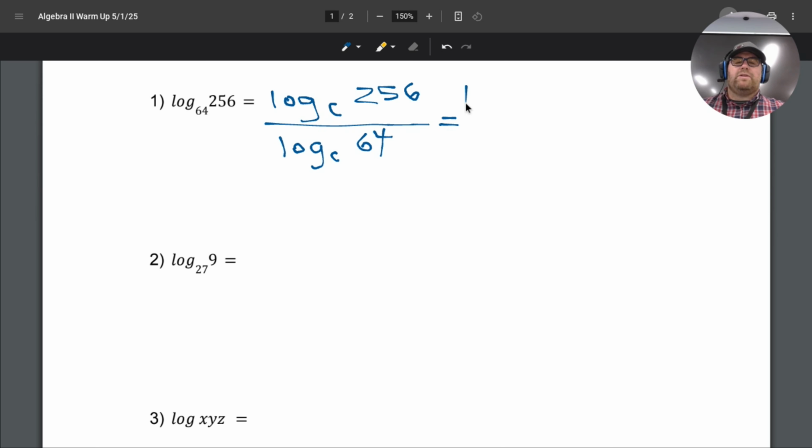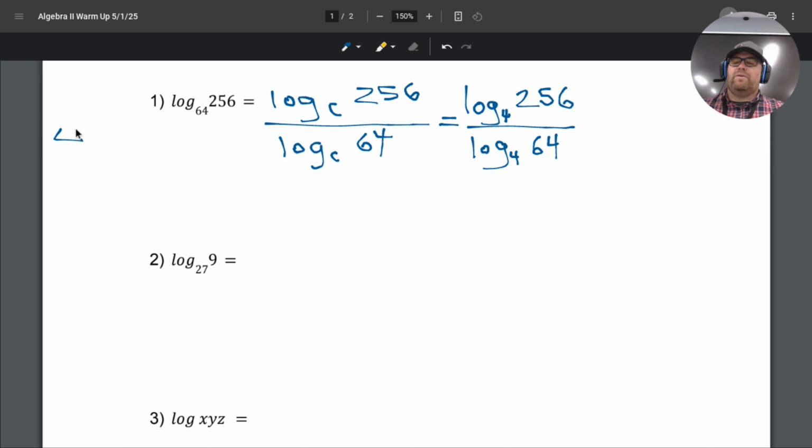And the number that works is 4. So if I do log base 4 of 256 over log base 4 of 64, well, how many 4s do I need to multiply together to get 256?